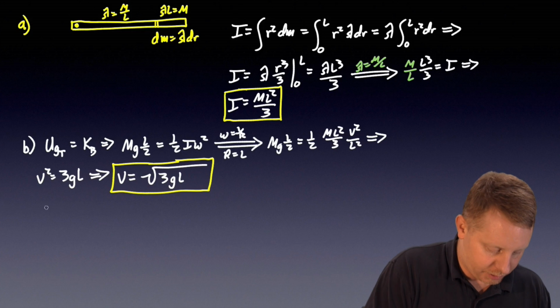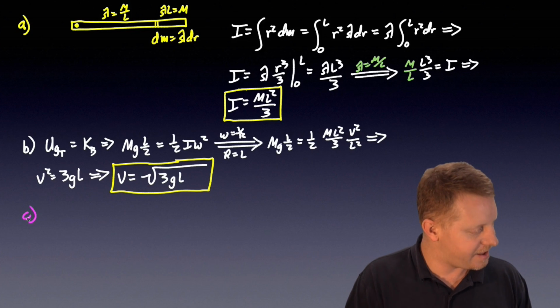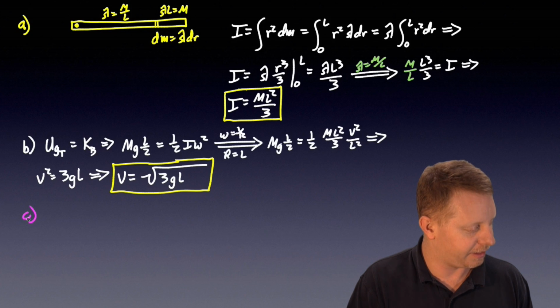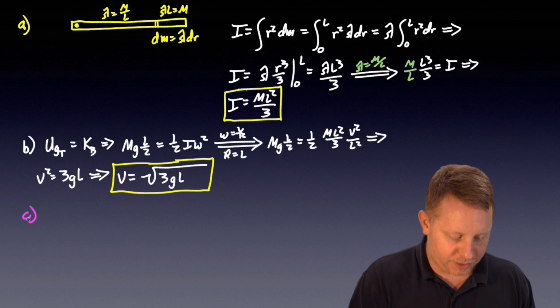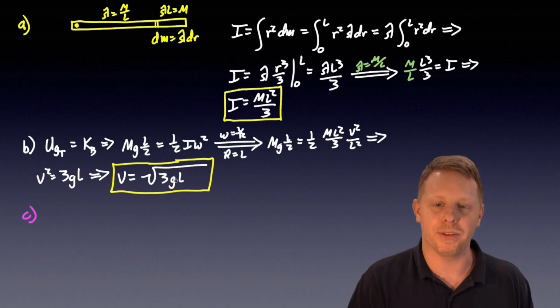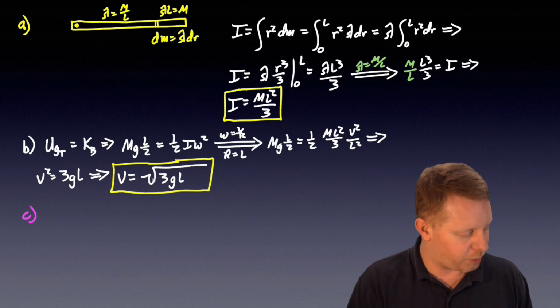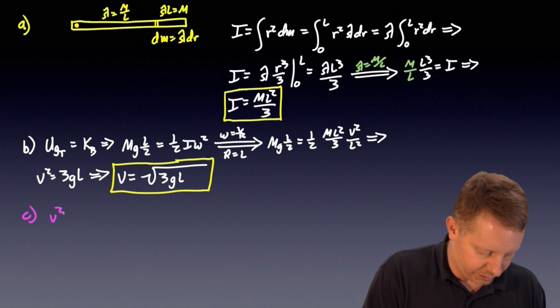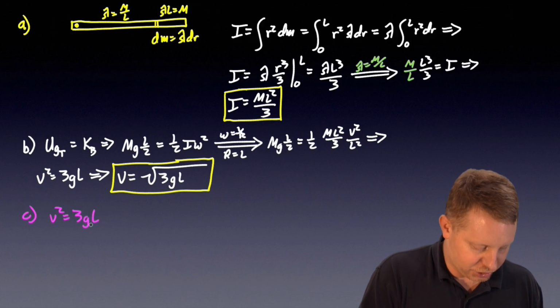Moving on. Part C, indicate which quantities should be graphed to yield a straight line whose slope could be used to calculate a value for the acceleration due to gravity. Well, if we've got this as v equals square root of 3gL, and we want to be able to find g, we don't want the square root of g in here. But what I could do is square both sides and say that v squared equals 3gL.